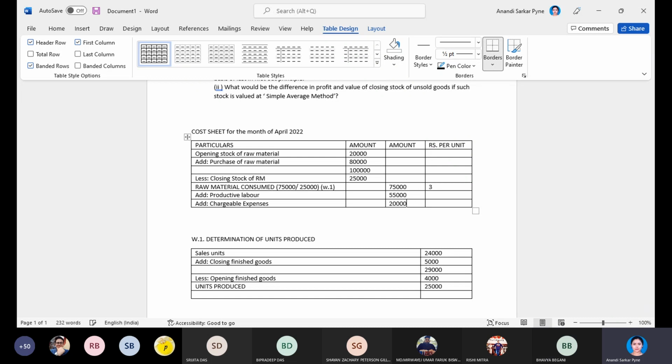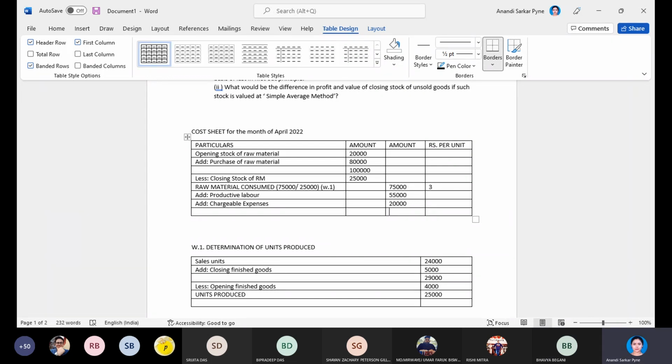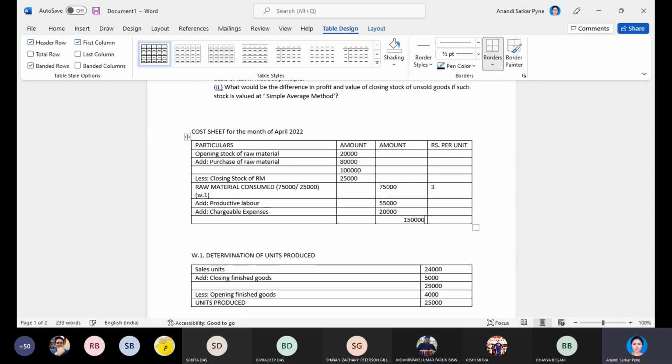If you add all this, 75,000 plus 55,000 plus 20,000, it comes to 1 lakh 50,000. This is your prime cost. Divided by 25,000, it is 6 rupees per unit. So this is our prime cost.